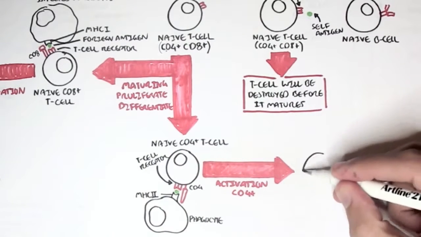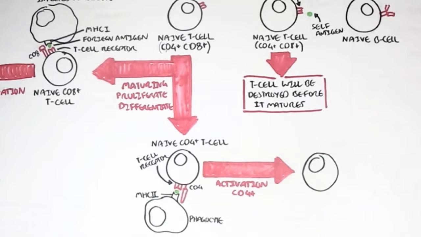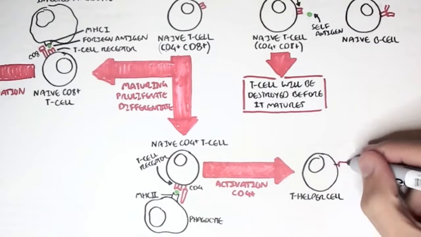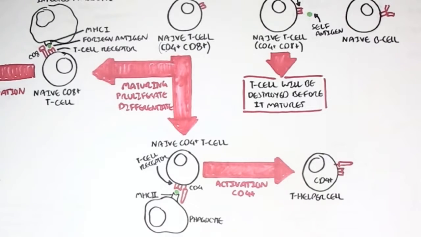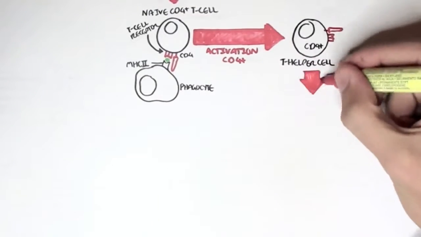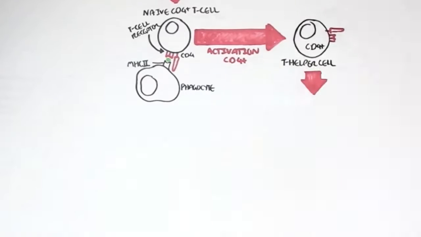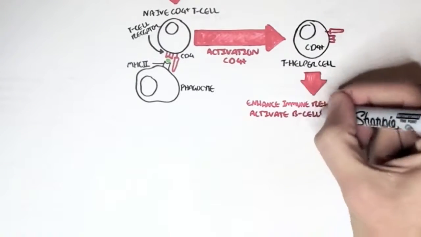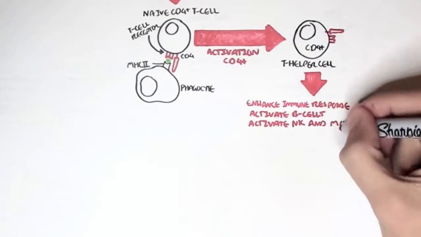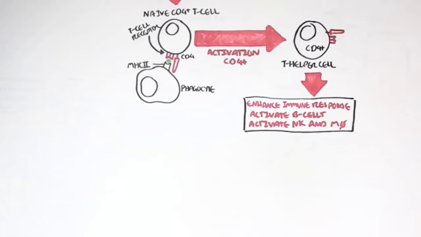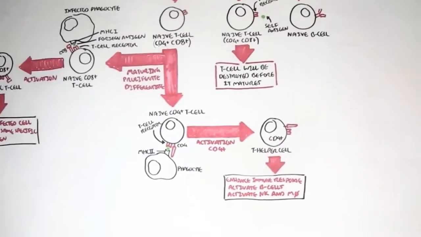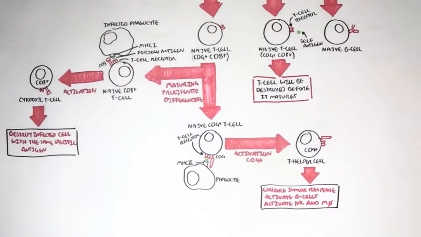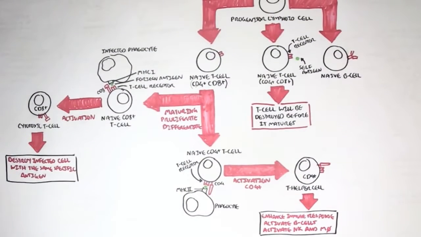And the naive CD4 will become activated to become a T helper cell. A T helper cell's main goal is to enhance the immune response by activating B cells as well as activating natural killer cells and also macrophages or other phagocytes. So that was how naive CD4 T cells and naive CD8 T cells become activated through recognition of specific antigen presented to them. So how about the naive B cells?